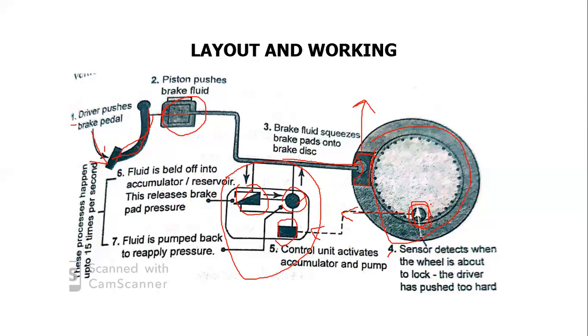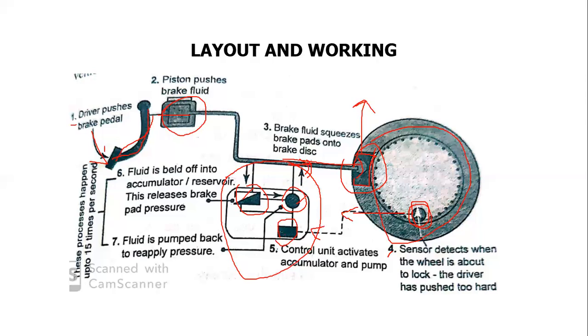Once this sensor senses that the wheel is going to lock, that's the sensor's prime duty, it will send signals to this ECU unit, and this ECU unit activates this pump and accumulates the ongoing fluid, and it will stop the motion of the fluid, and that will reduce the pressure between the brake pad and the rim. So this is how ABS will work.